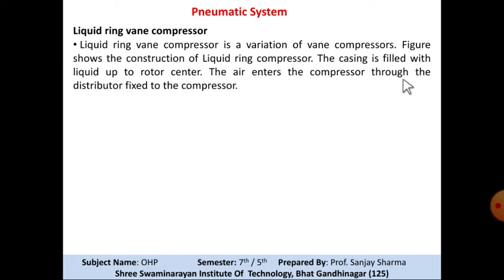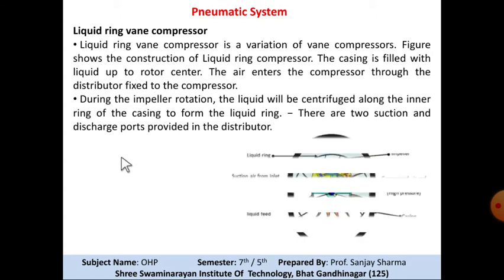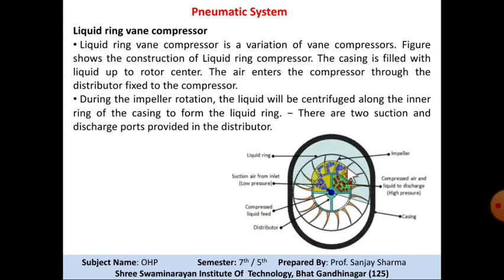The air enters the compressor through the distributor fixed to the compressor. During the impeller rotation, the liquid will be centrifuged along the inner ring of the casing to form the liquid ring. There are two suction and discharge ports provided in the distributor. So here you can see this is the impeller, this is the casing, here this is the compressed air, and the white color which you are seeing is the liquid which is filled inside.